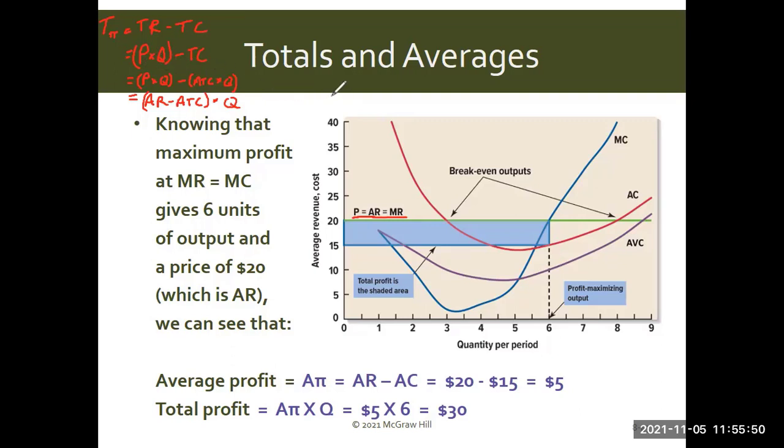We're going to start by taking our price line, or our $20 line here. You can see I'm drawing a green line right over top. That's our marginal revenue, or price, or average revenue. Now our profit maximizing condition is that we find where marginal revenue equals marginal cost.